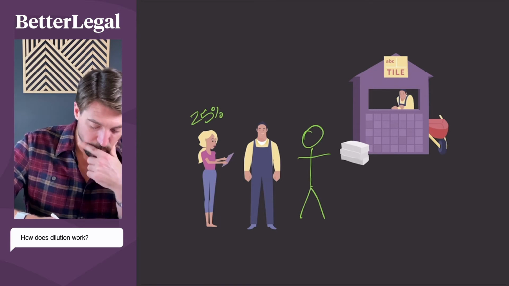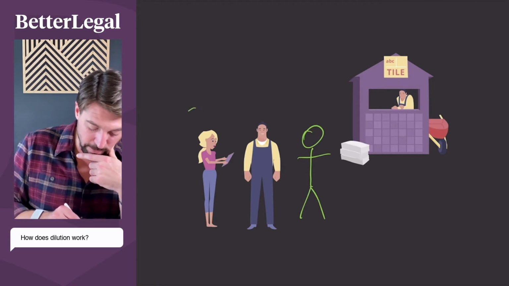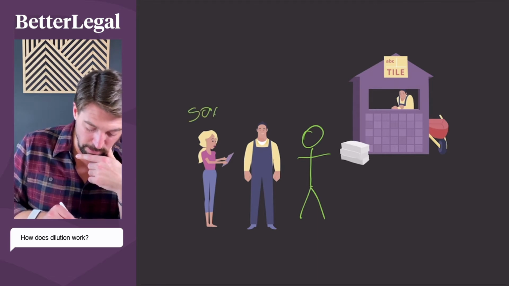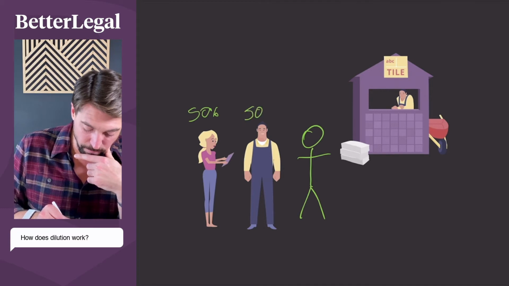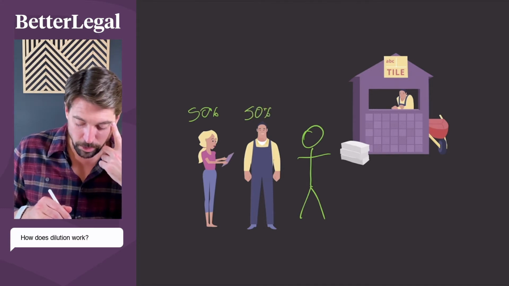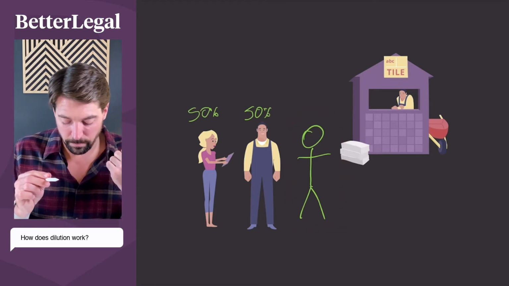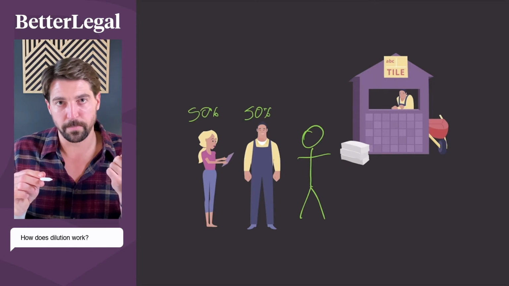How do I want to do this? Just to make my life easier, let's say this is how it is right now. John wants to sell this new investor 50% of the business.